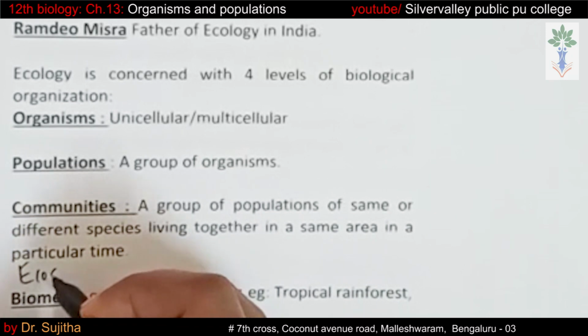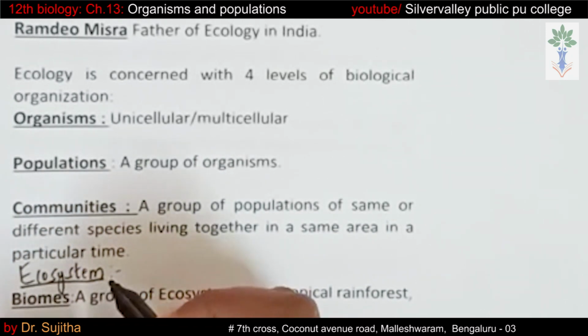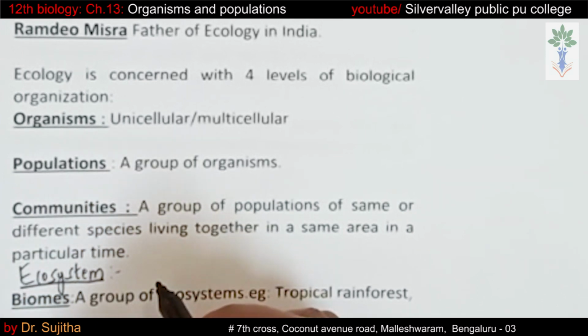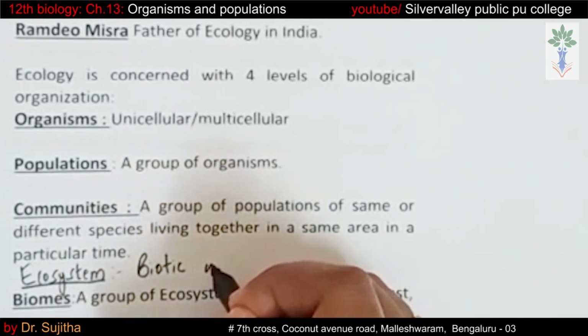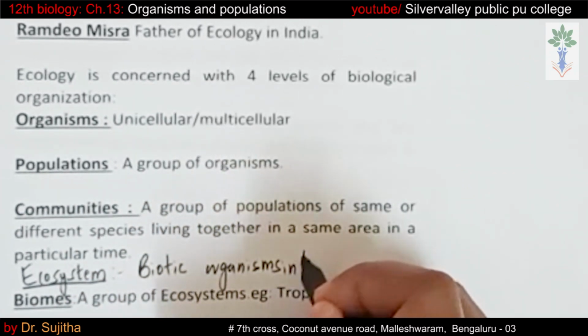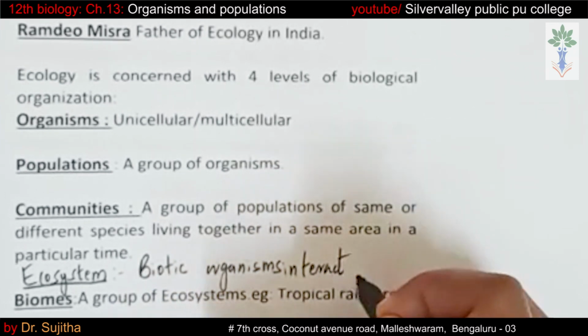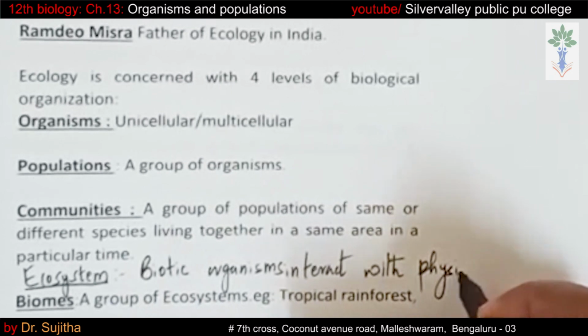In your NCERT textbook, they haven't mentioned the ecosystem, so please make a note of it. Ecosystem is where the biotic organisms interact with the physical environment.